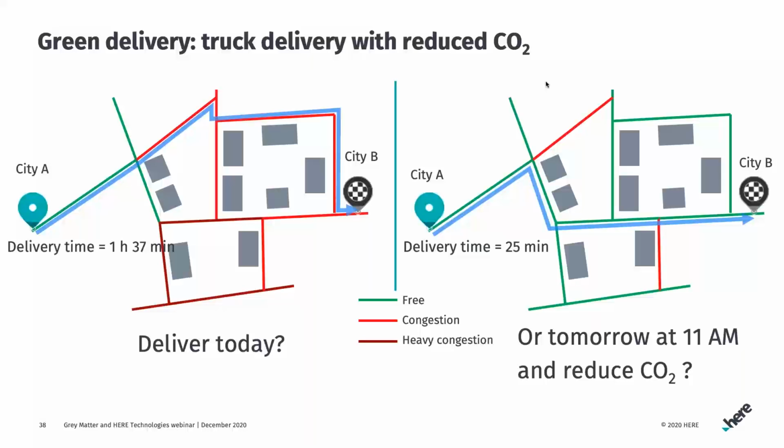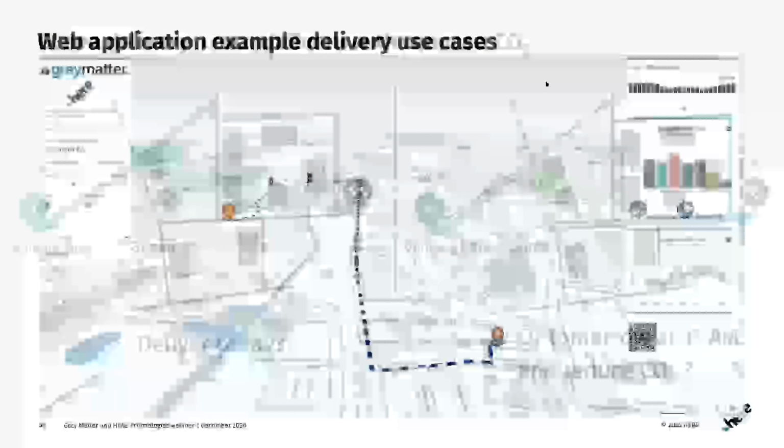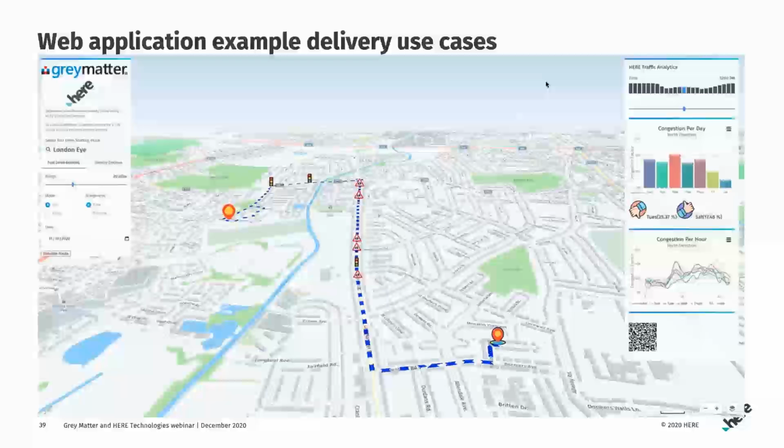For example, going from city A to city B through heavy congestion and traffic jams would spend about 2 hours, or maybe it's better to deliver these goods tomorrow from city A to city B and spend only about 25 minutes. And definitely this planning should help significantly reduce carbon footprint. Another example on this slide is a web application which could be created based on this solution.